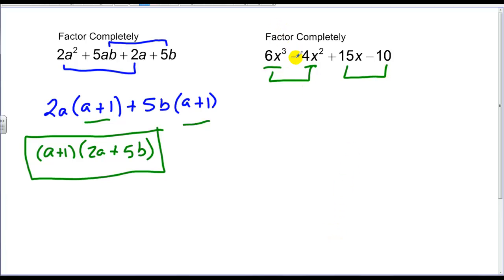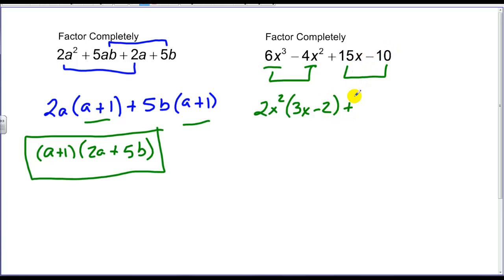So I'll group those two. Within the 6 and the 4, there's a 2 in common. And within the x cubed and the x squared, there's an x squared in common. And 2x squared times what is 6x cubed? That's a 3 and an x. 2x squared times what is negative 4x squared? That's a negative 2. I need my addition.